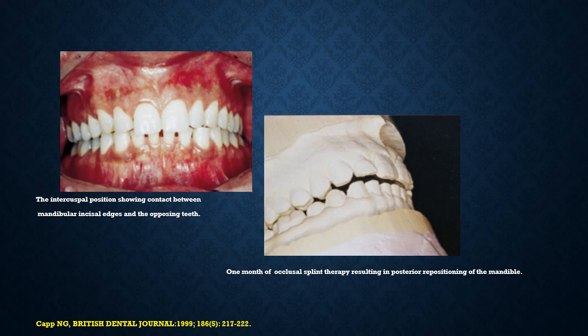Actually, the existing discrepancy was hidden because the patient's neuromuscular system has hidden the discrepancy between the RCP, the retruded contact position, and the intercuspal contact position. But after 1 month of occlusal splint therapy, the mandible is retruded back into the more stable retruded contact position.